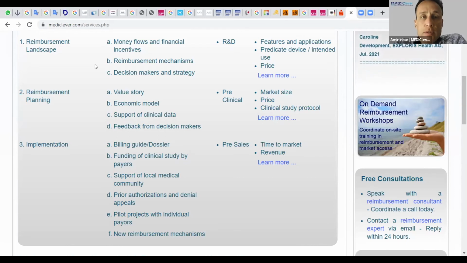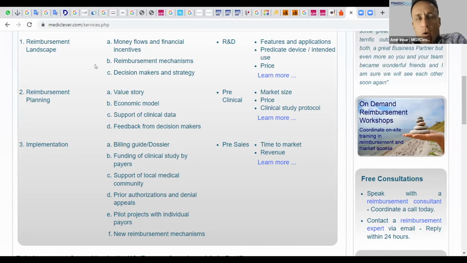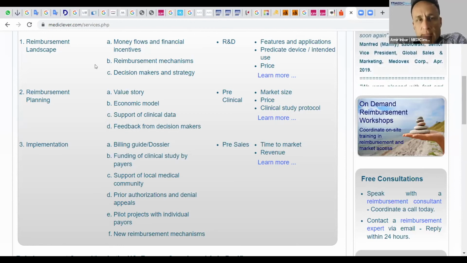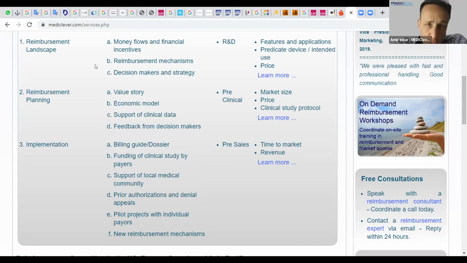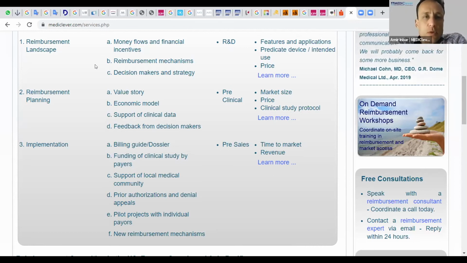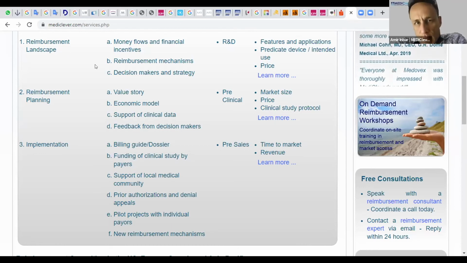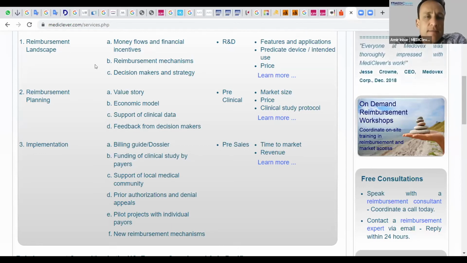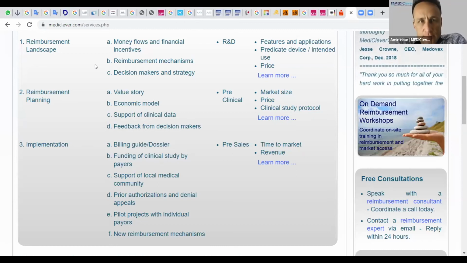Either they would work with the local medical community and perhaps change the descriptor of the existing code, which is essentially just like developing a new code, or go back to the FDA and ask them to change the product and then get it cleared again by the FDA, but this time the pump would need to work at a pressure setting of somewhere between 70 to 200.